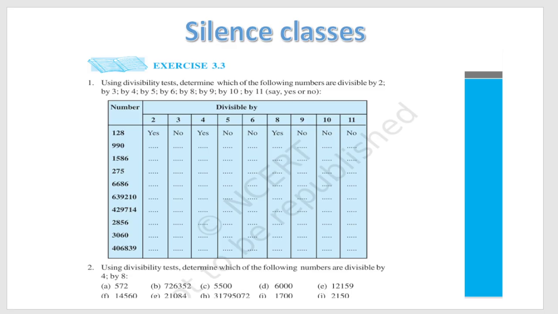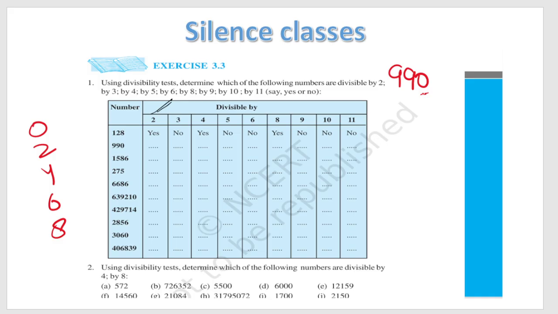So the numbers which are given to us, let's do all the divisibility test of 2 right now. The number which is given is 990. And what is the divisibility rule of 2? That the last number must be an even number, and should be 0, 2, 4, 6 and 8.